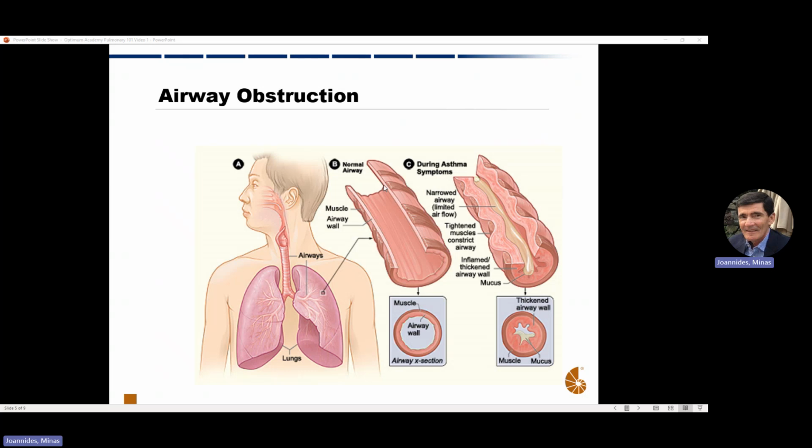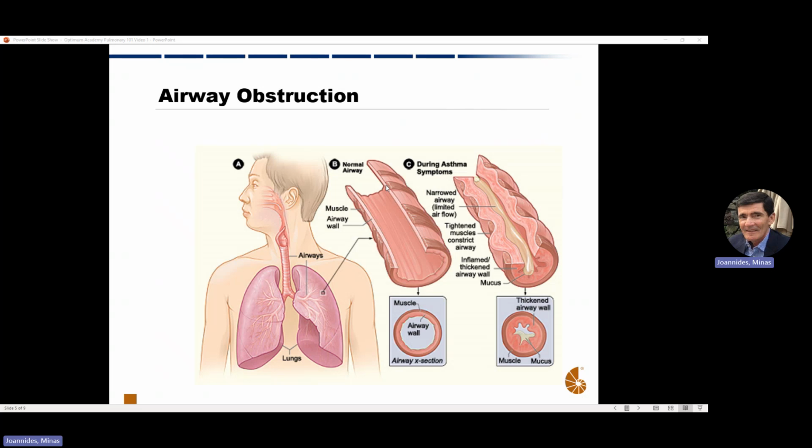So when we have airway obstruction, you can see in the picture, two breathing tubes, a normal airway, which is open and there's a lot of space for the air to pass in and out. And what happens during obstruction, as in asthma, where there's narrowing of the airway with limited airflow because of tightened muscles, which are constricting the airway.